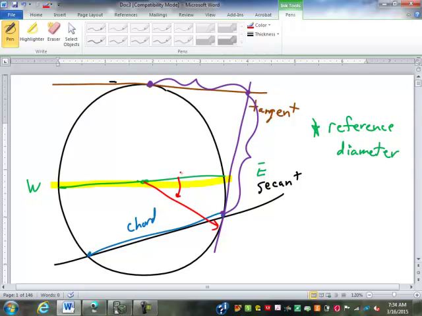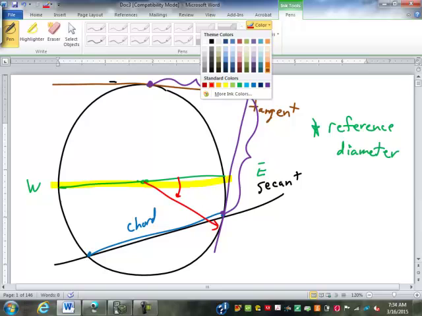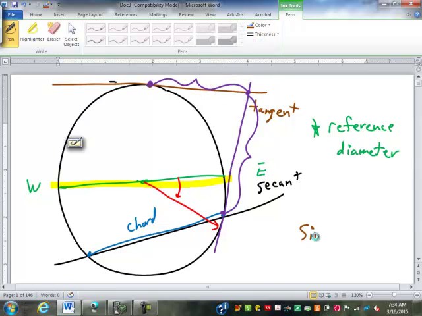With that in mind, then, another feature we discussed was something called a sine. Does anybody remember what the sine was? We have to have a reference diameter to define the sine. And a sine is a dimension or a property of each point on the circle.